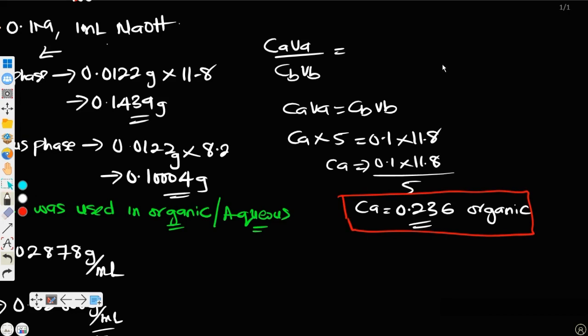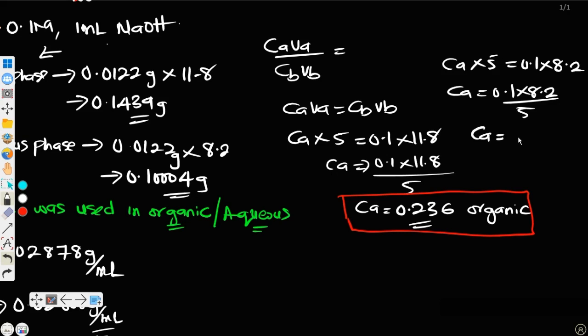The aqueous phase will still give us the same thing. Ca times 5 equals 0.1 times the titer value. The only thing that will change is the titer value, which is 8.2. So we have Ca equals 0.1 times 8.2 divided by 5, which is equal to 0.164.